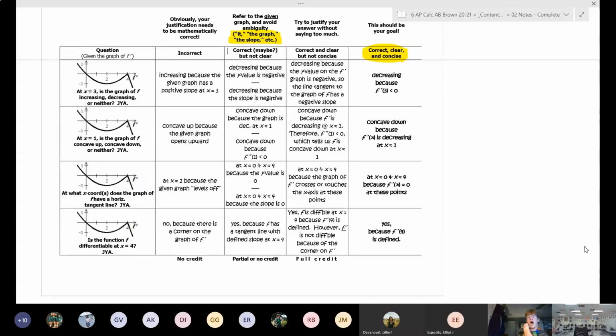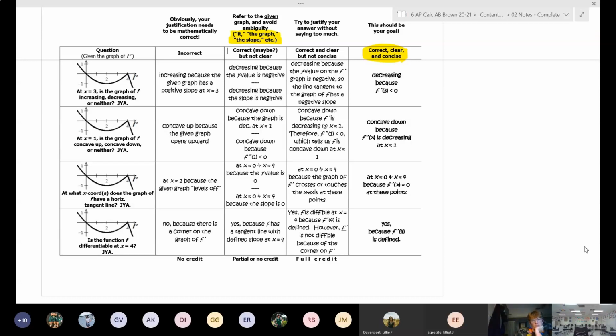Another issue that I find, especially for kids in AP calculus, is that you tend to be the good students. You like to be very thorough with your explanations. And sometimes when students get thorough, they get very, very wordy. If I'm reading your explanation and I get bored halfway through because there are too many words in it, that's probably not good. Look at this column that says clear and not concise.